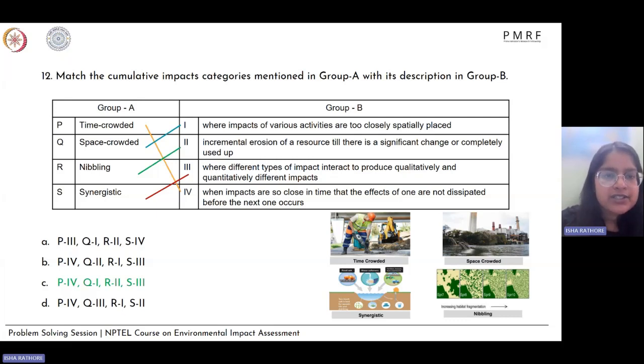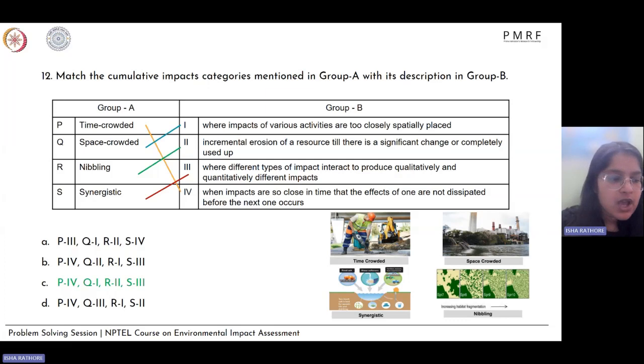Then space crowded cumulative impacts are where impacts of various activities are too closely spatially placed. That is, different activities are generating different impacts, but they are all present in the same geographical location. So those are space crowded cumulative impacts. So Q matches with 1. Then nibbling is an incremental erosion of a resource till there is a significant change or it is completely used up.